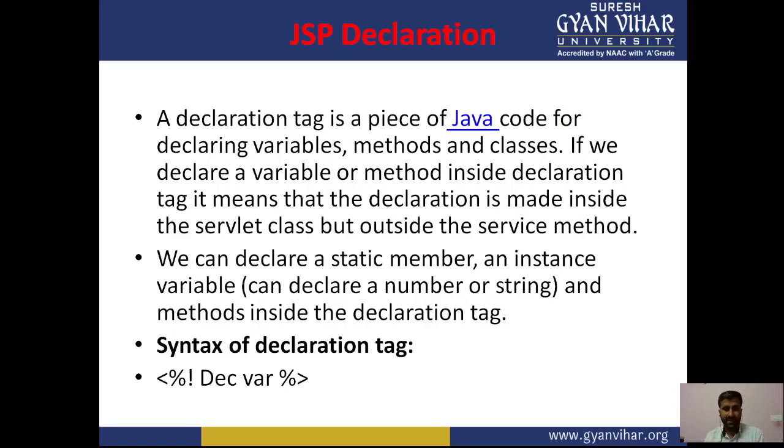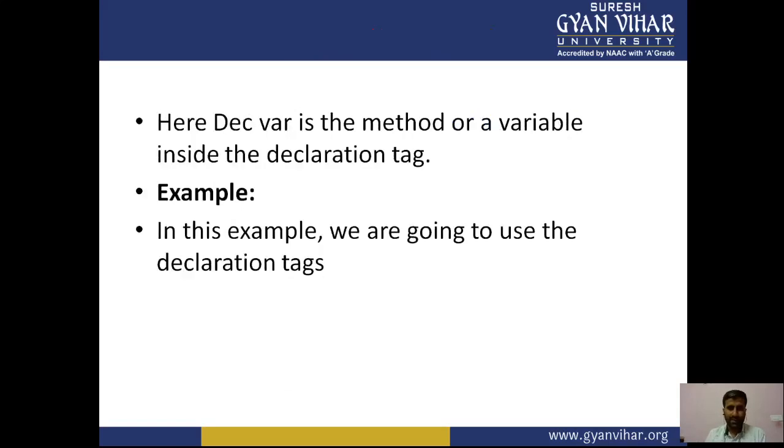Syntax: if we discuss the syntax of the declaration tag, it is less than sign, percentage and exclamation, right? And here we can declare any kind of variable, for example int a, int b, int c. Here the declaration declares a method or variable inside the declaration tag. In this example, we are going to use the declaration tag.